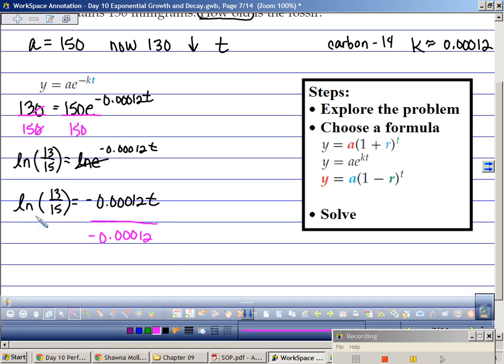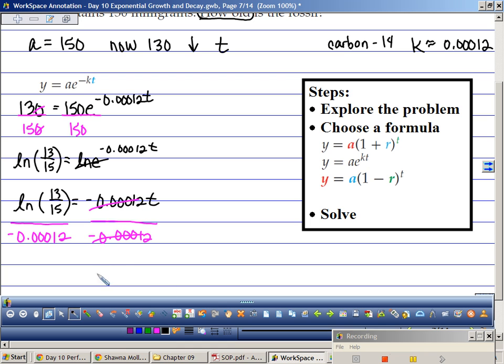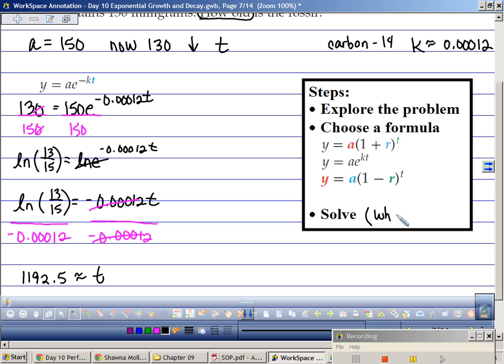Don't want to divide by the t part. Those cancel, and if I put this in a calculator, I get t is about 1192.5. Go back. What were we looking for?